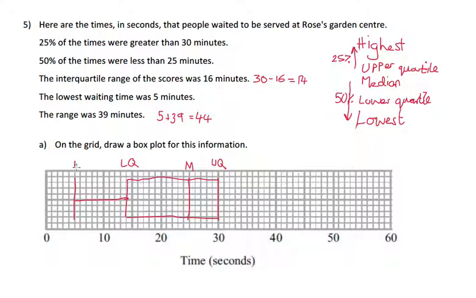So there's the lowest, 44 is the highest. And again, that's joined to the box with a line like that. So there's the box and our whiskers, so otherwise called a box and whisker diagram.